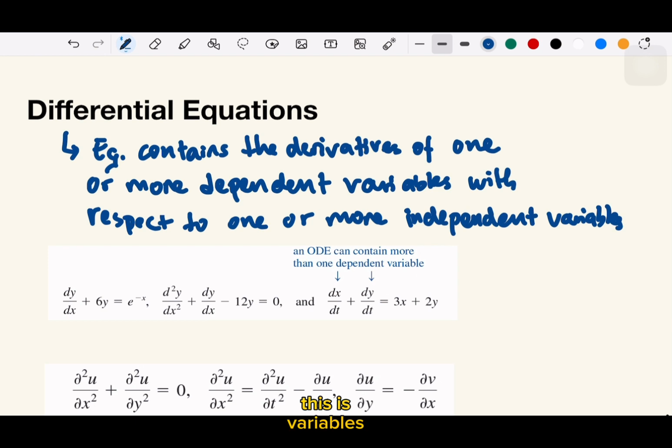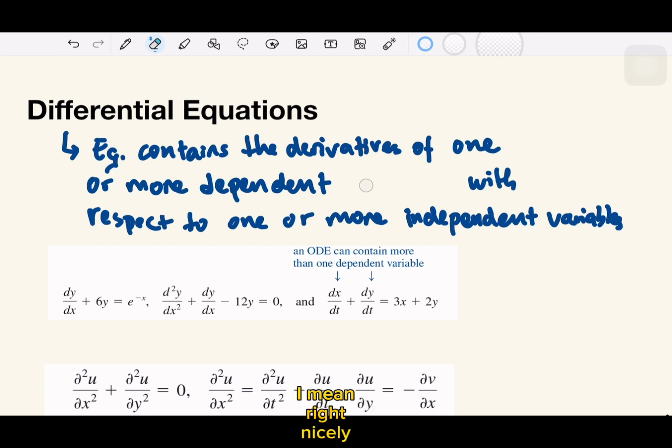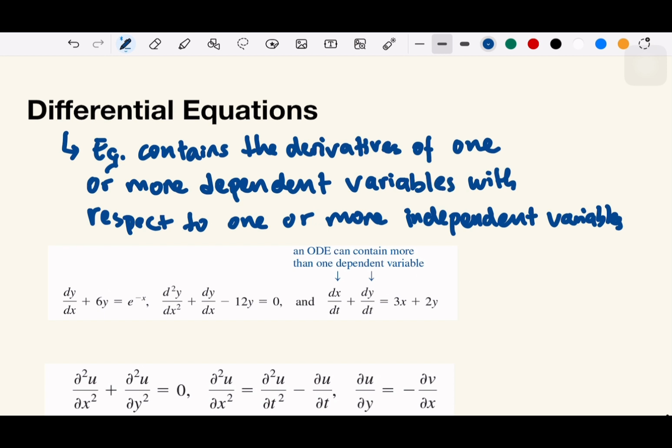This is variables. My handwriting is not really good. Let me write nicely here. Which you can see from this one here, several examples of how we can write some of the differential equations.